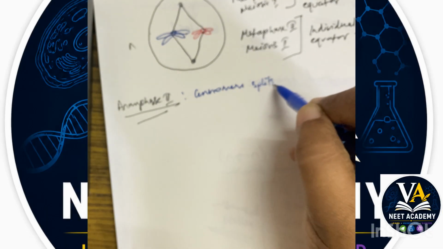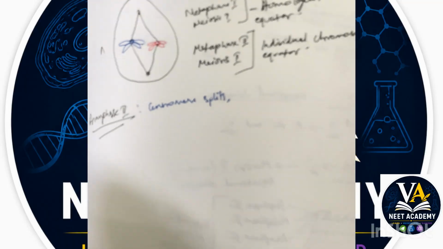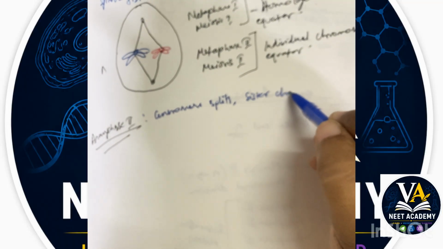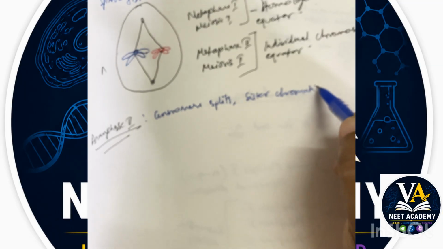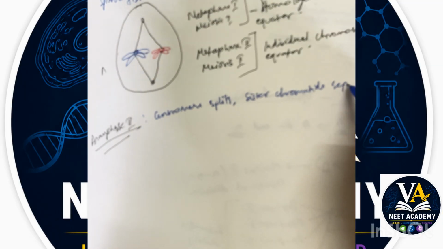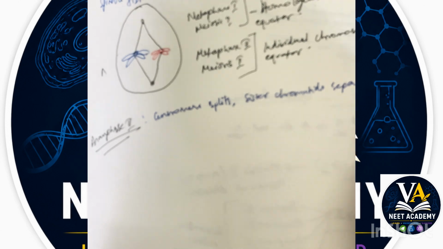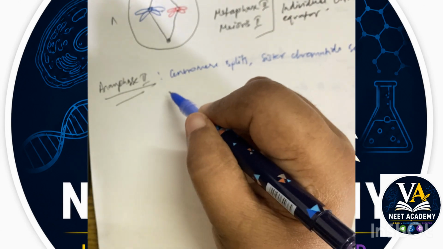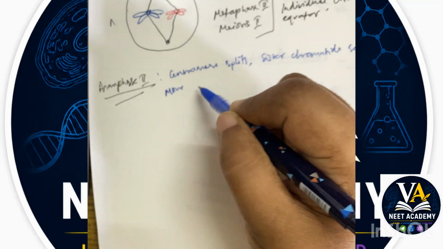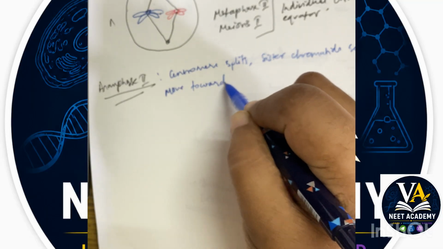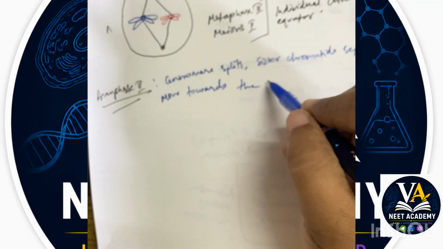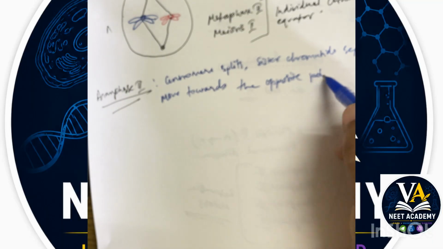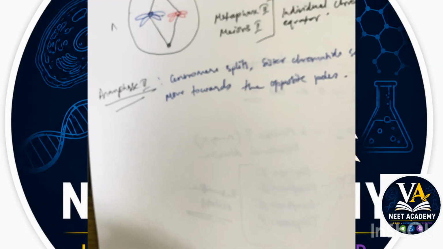Sister chromatids separate, and because of this, they move towards the opposite poles. So this is what happens in anaphase II.